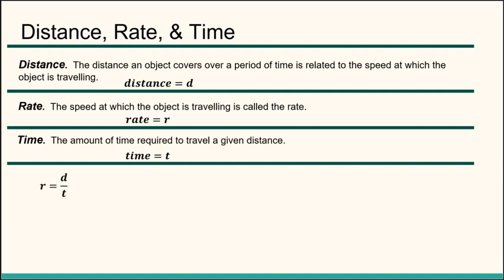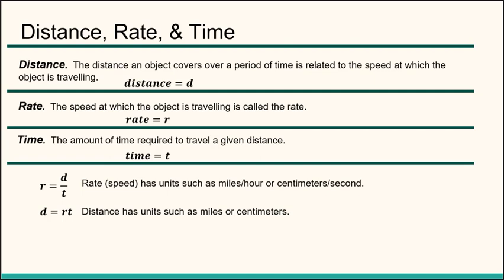If our rate is distance divided by time, rate or speed has units such as miles per hour or centimeters per second. We could rework this equation by multiplying t to both sides and get that distance equals rate times time. Distance has units such as miles or centimeters or meters or kilometers.